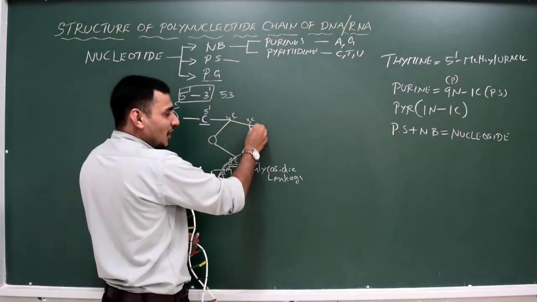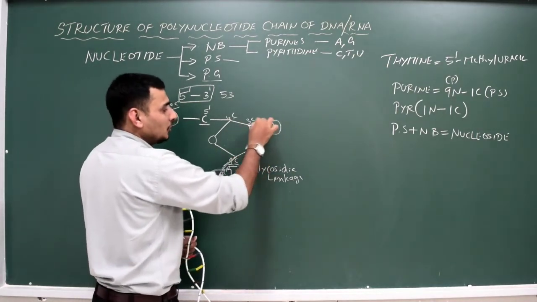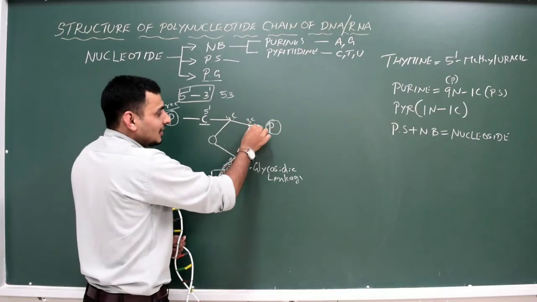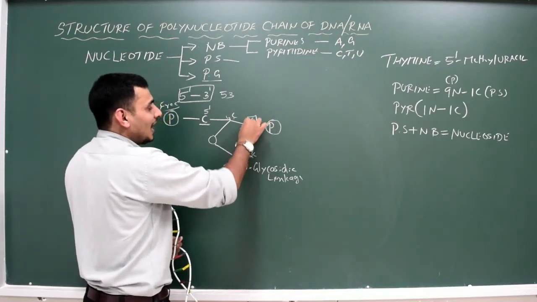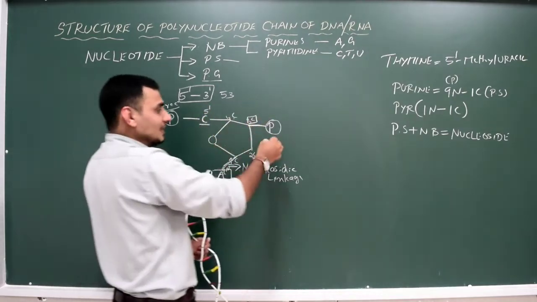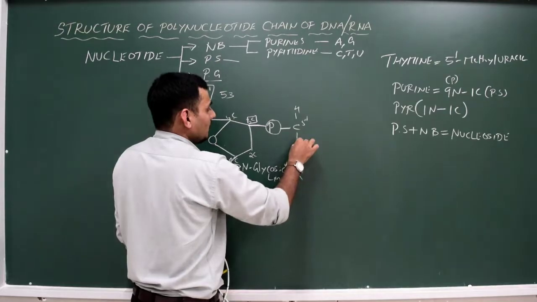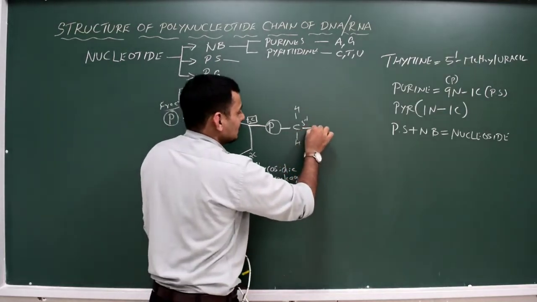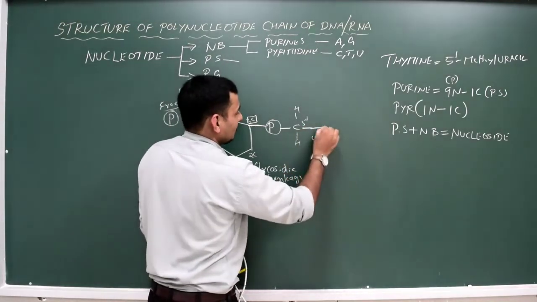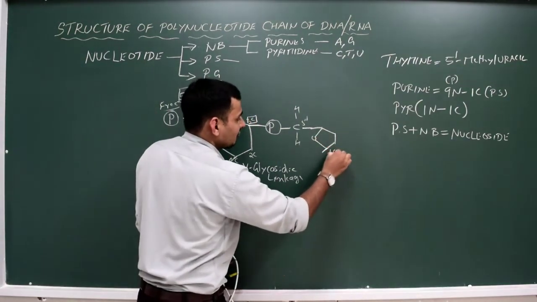Now the second phosphate group of the polynucleotide chain is connected to the 3' carbon atom of the pentose sugar. So it's going down. Just write, this is the 5th carbon atom of the pentose sugar, and here this is the first carbon atom.